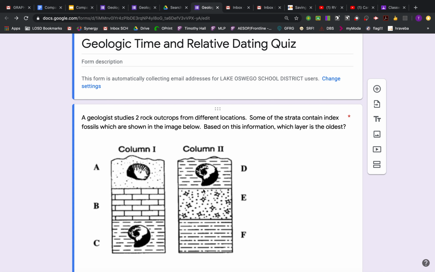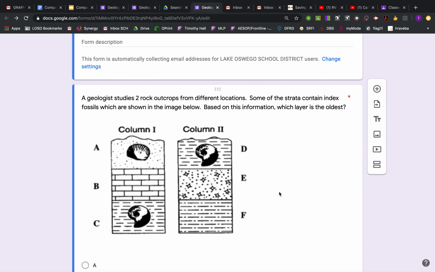Or you could just say, hey, what's my general rule when it comes to relative ages of rocks? Well, the one on the bottom is the oldest. So it's either C that's the oldest, or it's F that's the oldest. But since you can see C and D appear to contain the same index fossil, you can line them up.